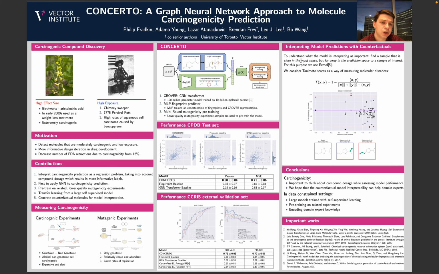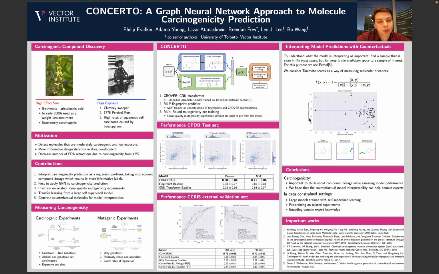Finally, to interpret our model predictions, we utilize counterfactuals, and these are samples that are close in the input space but far away in the prediction space to a sample of interest, and we identify those using XMOL. And we consider Tanimoto scores as a measure of molecular distances. So in this plot, you're able to see on the x-axis the molecular distance to the molecule of interest, and every single other point is a perturbed molecule.